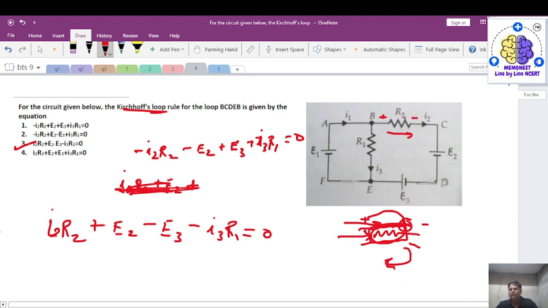So when we cross R2, we are landing on a negative end. So we will write it as minus I2 into R2, because I into R is the potential. Then the next element we are crossing is the battery E2. Crossing E2, we land on its negative plate, so we will write minus E2.